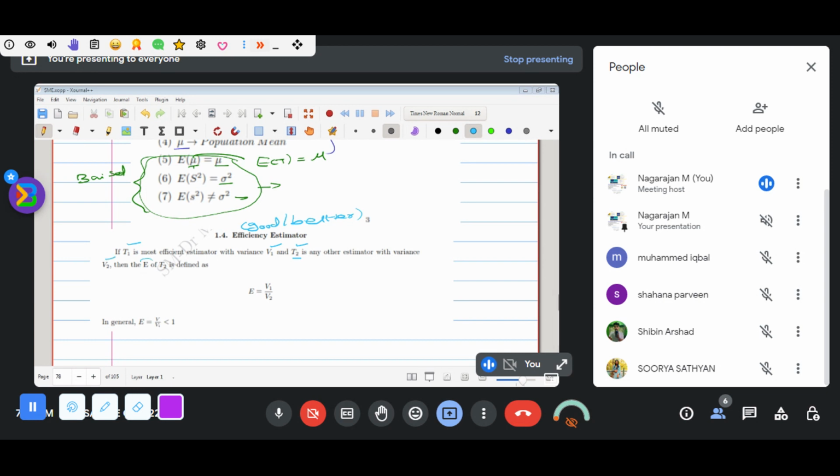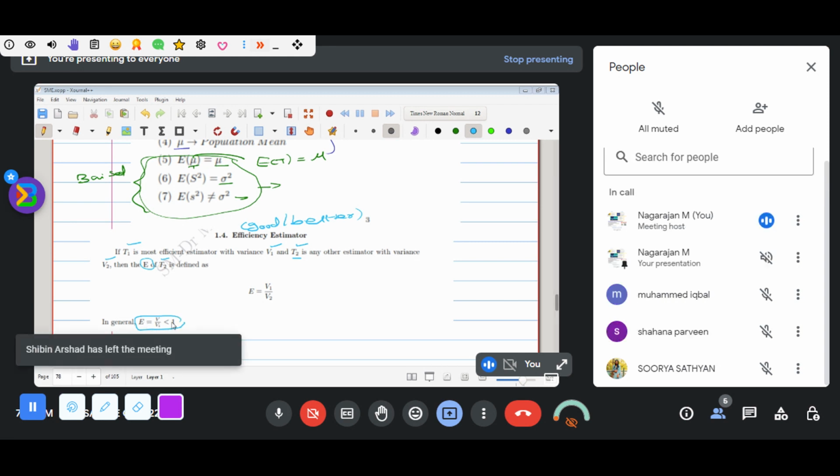Then the efficiency of T1 relative to T2, E equal to V1 by V2, if that value is less than 1, very important, meaning the given estimator is called an efficient estimator. What is the formula? V divided by Vi. If the variance ratio is less than 1, then the given estimator is called an efficient estimator.